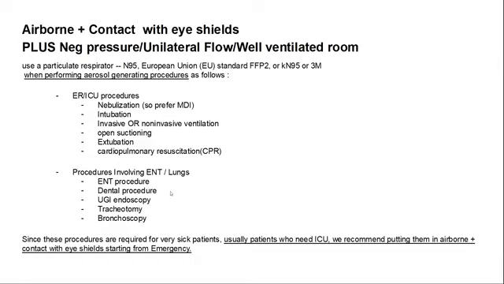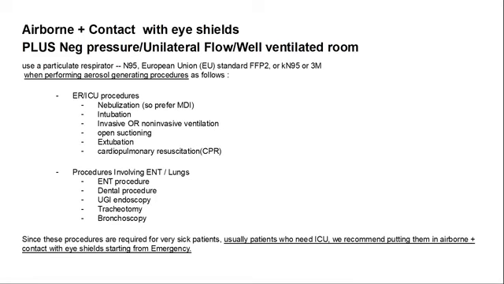So only in these procedures does the virus get aerosolized, and your surgical mask is not going to work. Especially in these patients, you have to wear an N95. And not only that, you have to keep these patients in a separate isolation room, which is called a negative pressure isolation room, or equivalent to a negative pressure isolation room.